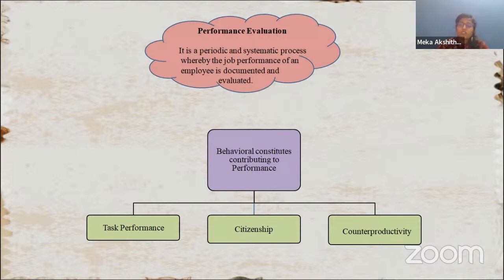Also, if the performance is efficient, as in is it up to the expected mark, or the actual performance of the employee is below the expected range, everything would be based on that task performance.